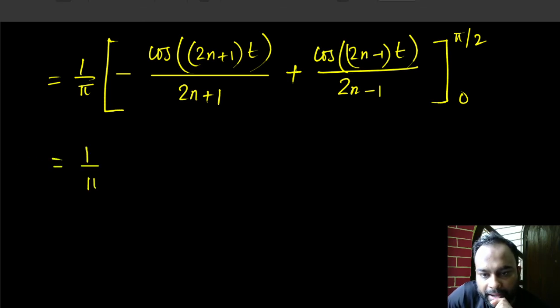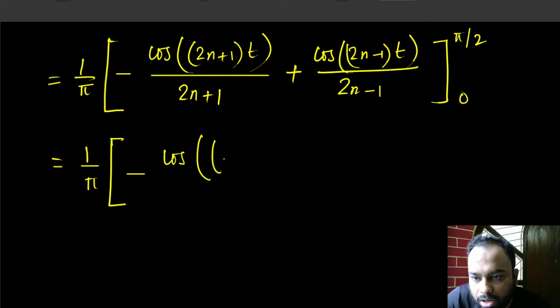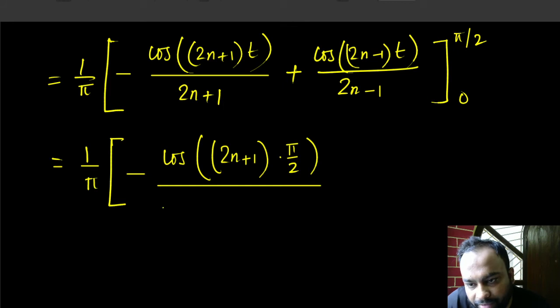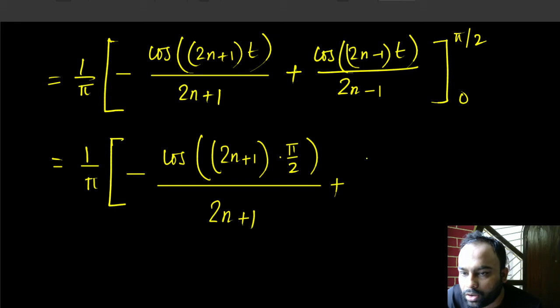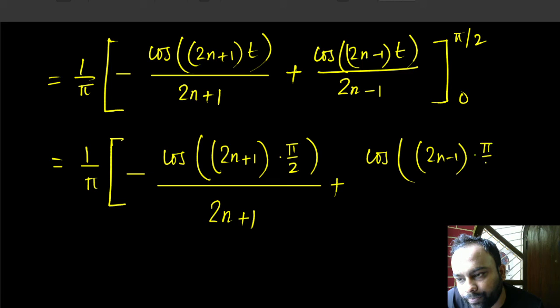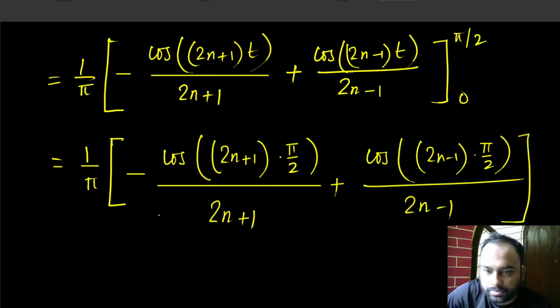So I have 1 by pi. Now let's put the upper limits and the lower limits. If I put the upper limit here, what do I get? Minus cos 2n plus 1 into pi by 2 divided by 2n plus 1, and cos 2n minus 1 into pi by 2 divided by 2n minus 1, and then again, let's not close the bracket.